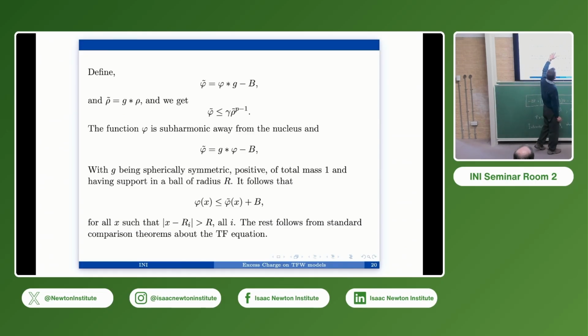If you define psi twiddle to be the convolution of phi with this little length, and b is a constant, you can prove that psi twiddle and rho twiddle, which you also define in the same way, satisfy a Thomas Fermi equation. It's not an equation but a Thomas Fermi inequality. Then you can study this inequality in order to get bounds on psi twiddle and rho twiddle, and later you can have bounds on psi and rho.